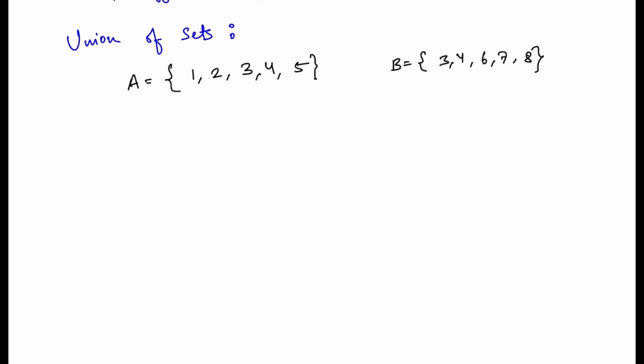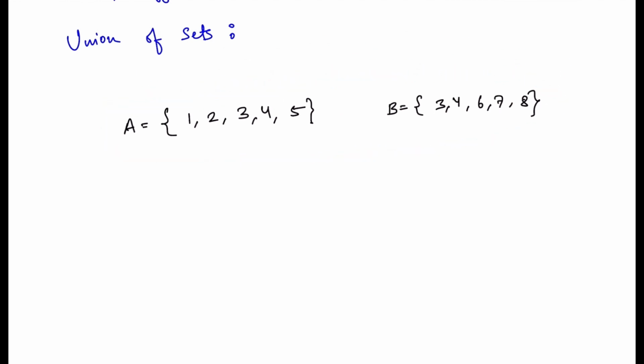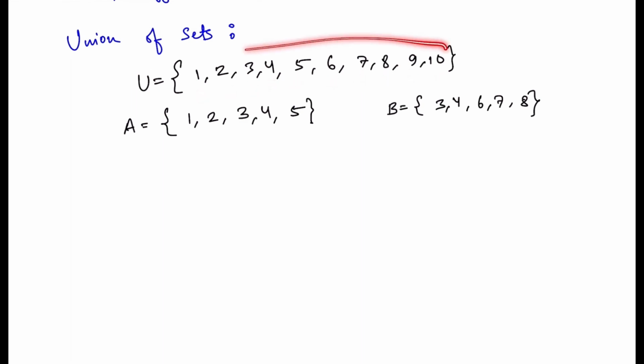These are the two sets given to you, and we can consider the universal set, 1 2 3 4 5 6 7 8 9 10. 10 natural numbers are there in the universal set, and A has 5 natural numbers, B has 5 natural numbers, and there are some common elements. You can see 3 and 4 are the common elements between A and B.